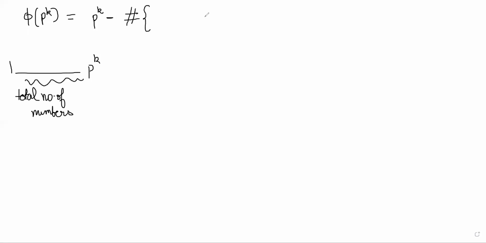So it's p to the power of k divided by p. Minus all the factors. Those will be p, 2p, 3p, and so on till p power k minus 1 into p.